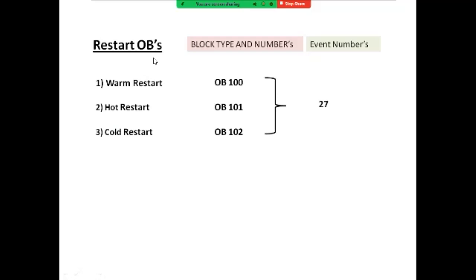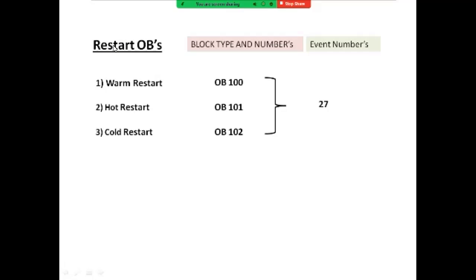And they are having event number as 27. Here, any one of these blocks you can use in your CPU. The S7-300 system supports only OB number 100.